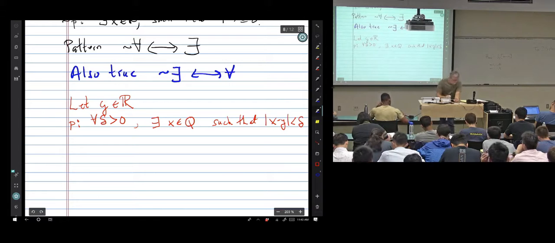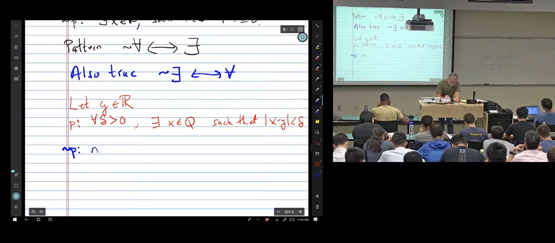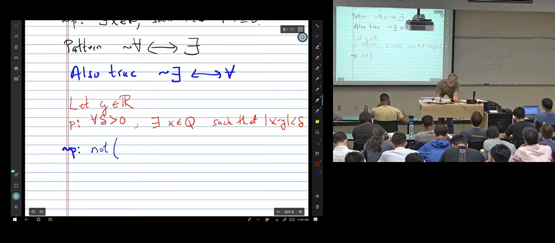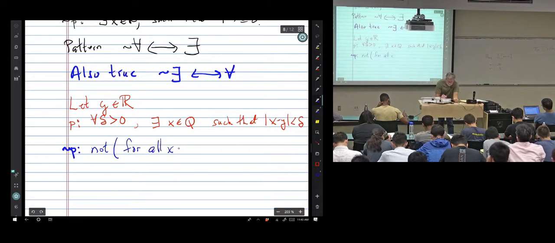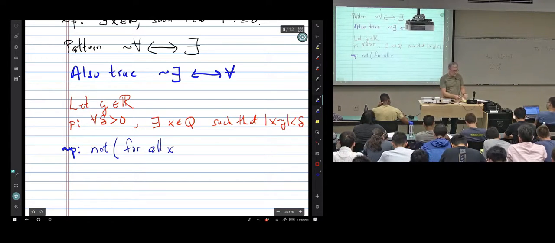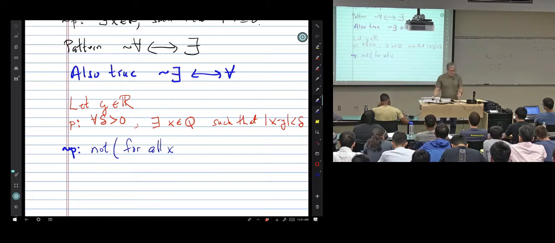Let's do not P. Not for all X. No wonder, I'm looking at the wrong page.